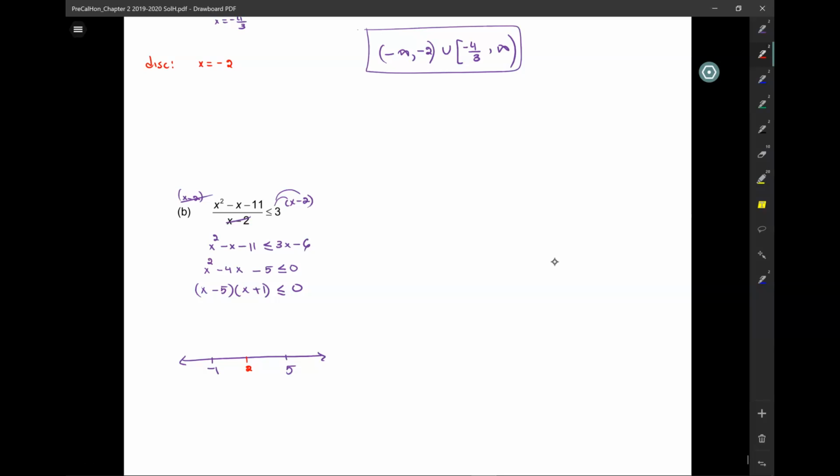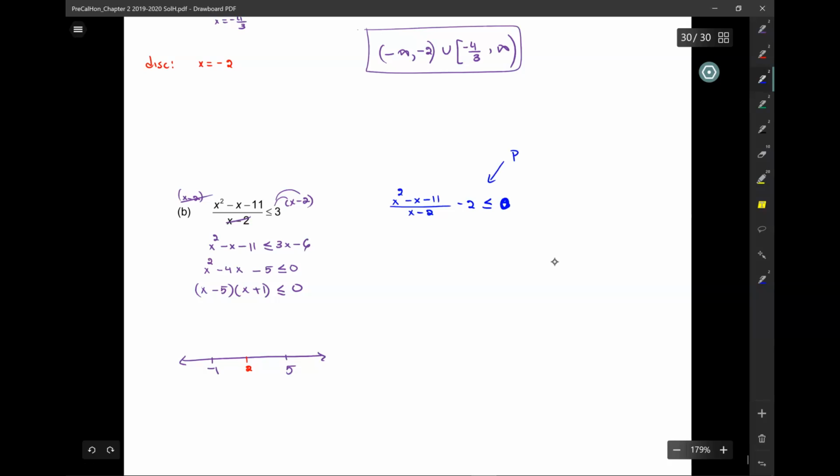Okay, now it's time to plug in the points. You have to plug in points to an inequality that compares it to 0, not to 3, to 0. So first what you have to do is move the 3 over to the other side. So here's the original function. Move the 3 to the left. So minus 2 less than or equal to 0.